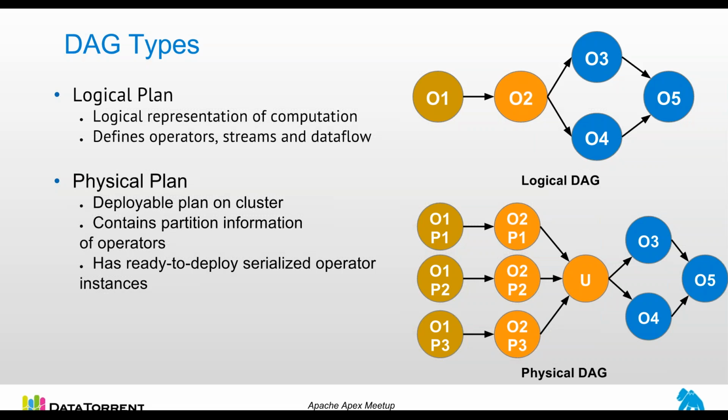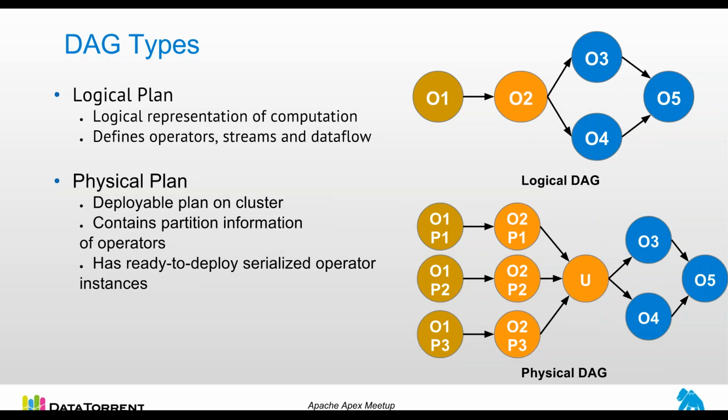The next type of DAG is a physical plan. Now the difference between logical and physical plan is that a physical plan is something that is deployable in a cluster. What that means is the operators are ready and they can start their work in the cluster. That also means that all the partitioning related information of the operators is present, and all the operators have their serialized instances available.